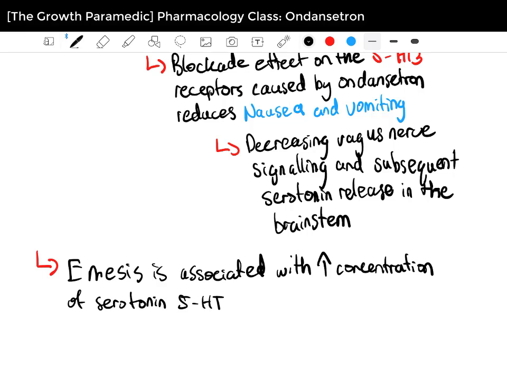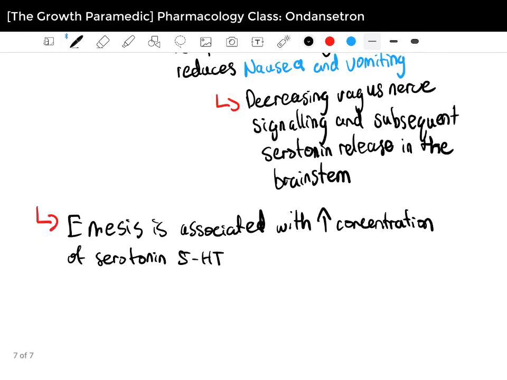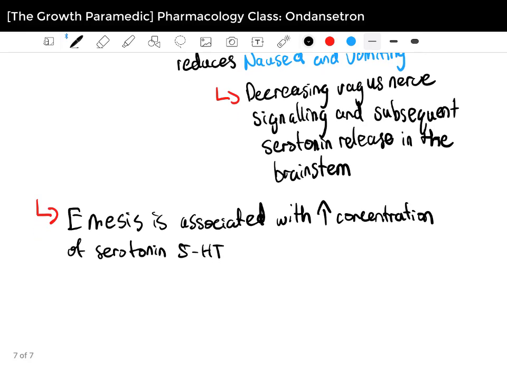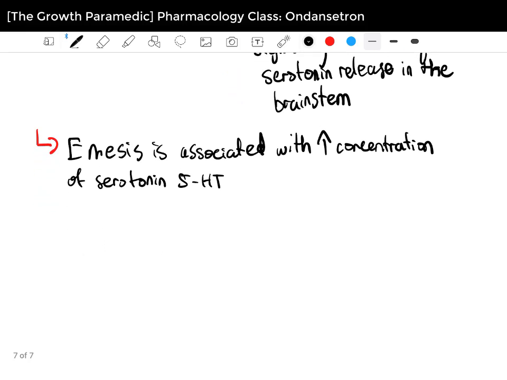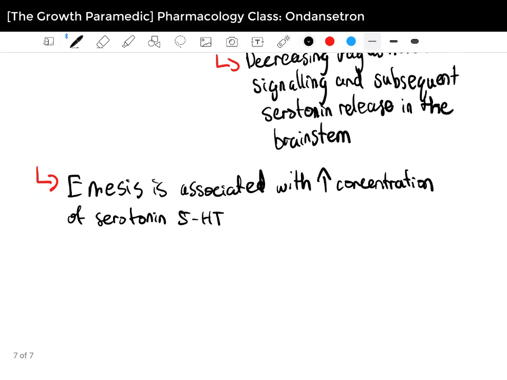And when emesis was identified in these patients, they found that there was increased serotonin in the body. And so because of ondansetron's antagonist effects on the 5-HT3 receptors, serotonin release is reduced. So that's actually one of the key points I really want you to get out of the pharmacodynamics.